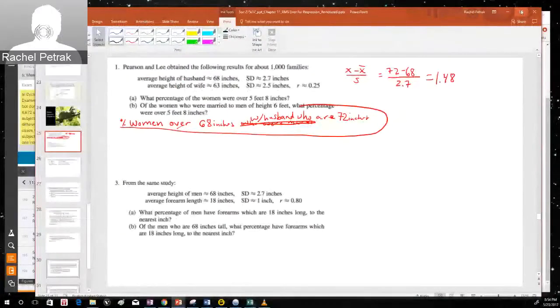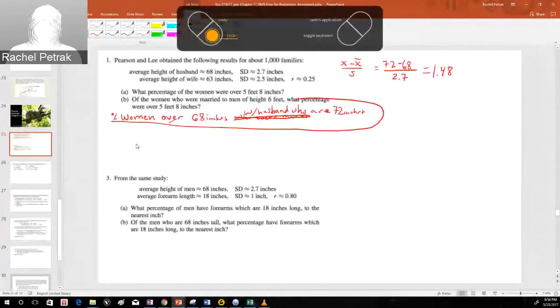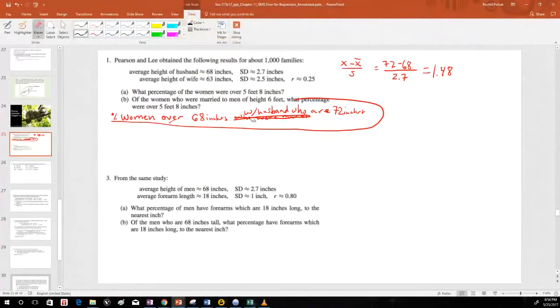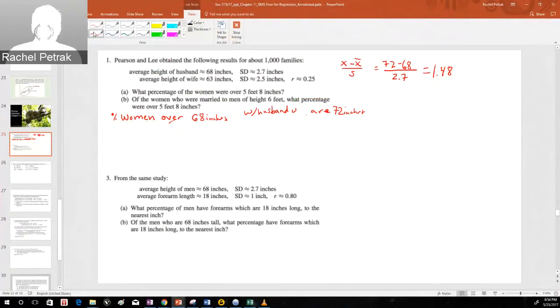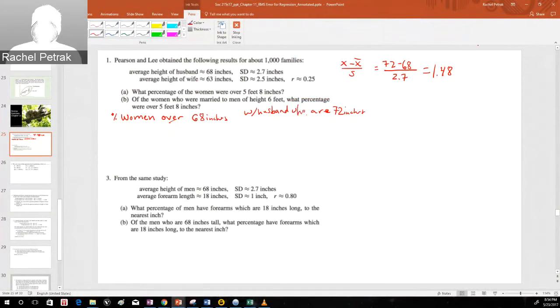It's just so much easier for me to write in this view than in the other one. So we've got our husbands' standard score.